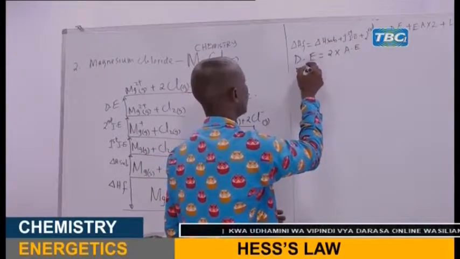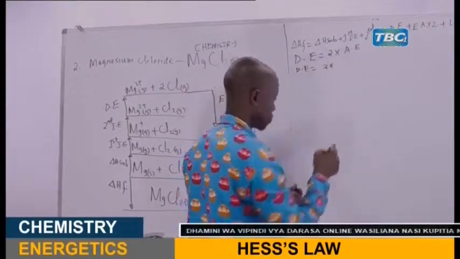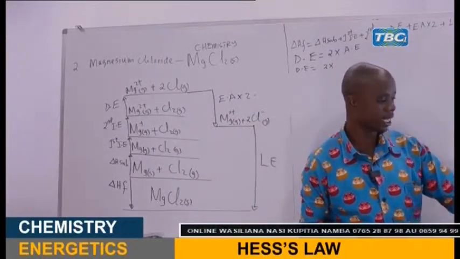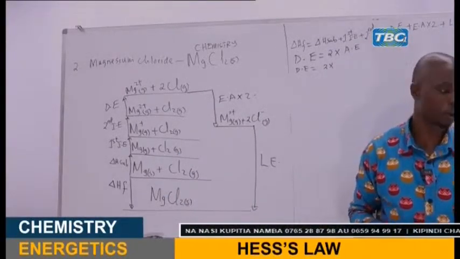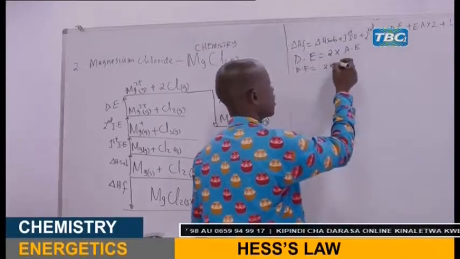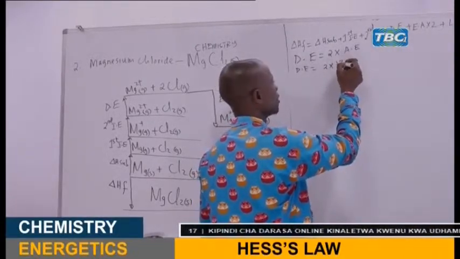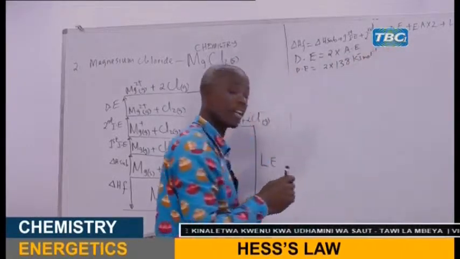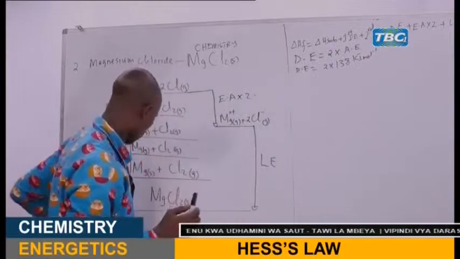So dissociation energy will be equal to 2 times the given value for the atomization energy of the chlorine molecule, which is positive 138 kilojoules per mole. So you multiply by 138 kilojoules per mole. My dear student, you just use your calculator.